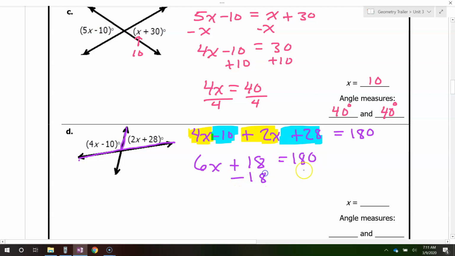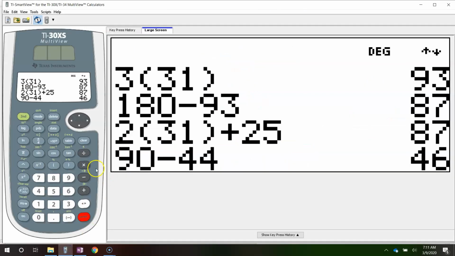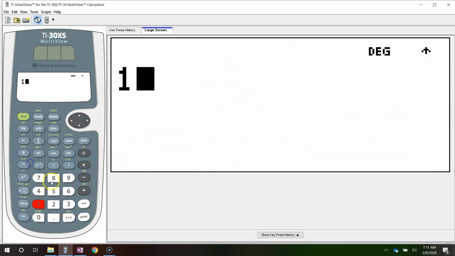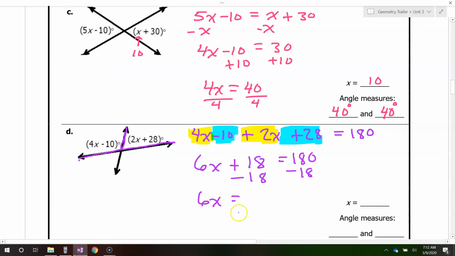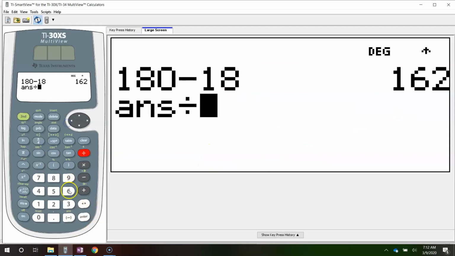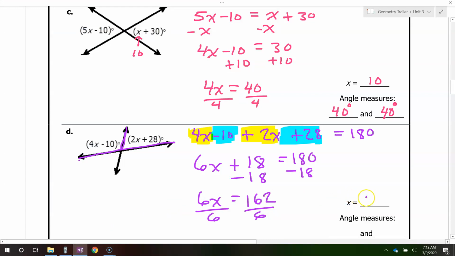Then you subtract 18 from both sides, and you get 6x equals 162. Then it's time to divide both sides by 6. And you get 27. So x is 27.